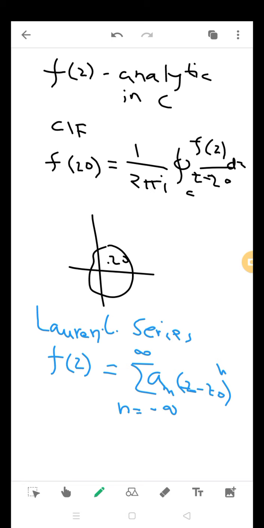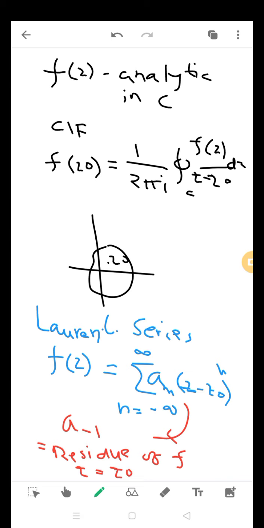In this series, the a minus 1 coefficient is actually called the residue of the function f at the singularity or at the pole z equal to z0. Now pole means that the function is not analytic at that point.